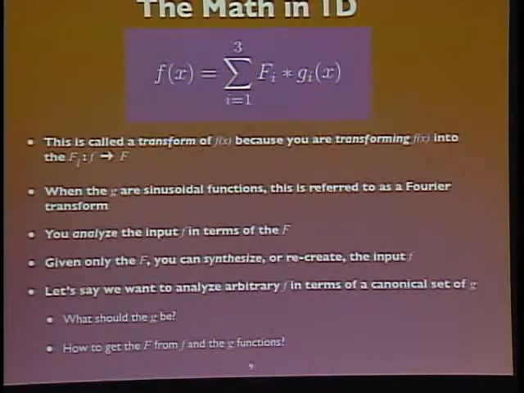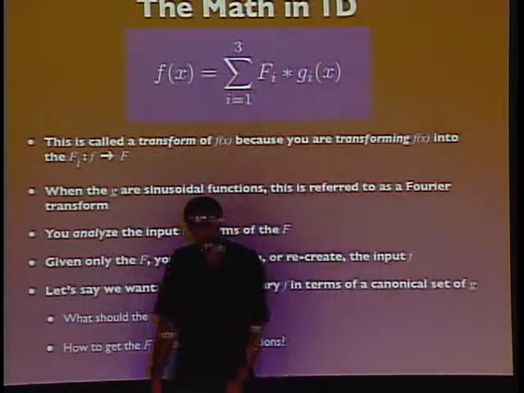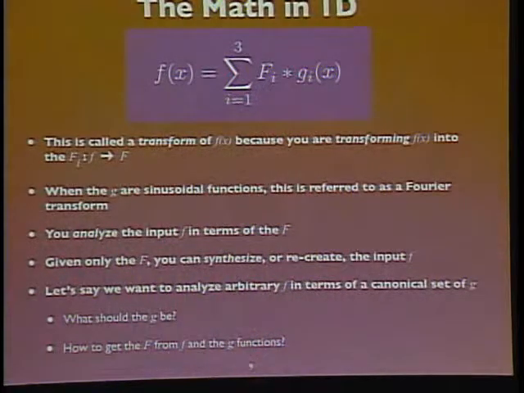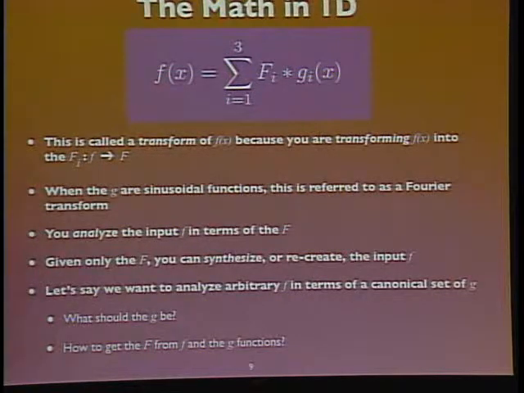Now, let's talk about terminology just for a minute. This is often called the Fourier transform of the image, because if you think about it in a particular way, this process of summing together these three modulated sinusoidal functions can be thought of as transforming the imaging data f into the coefficients capital F. The reason it's thought of in that way is that if you can exactly represent little f in terms of the big F's, you can transform from the little f, which is your imaging data, to the big F, which are called Fourier coefficients, and you can go from one direction to the other.